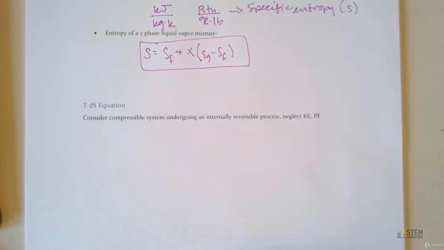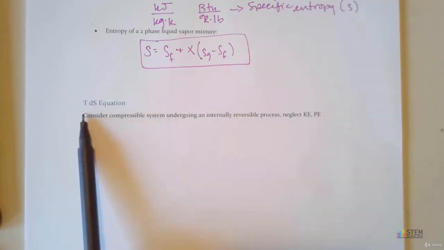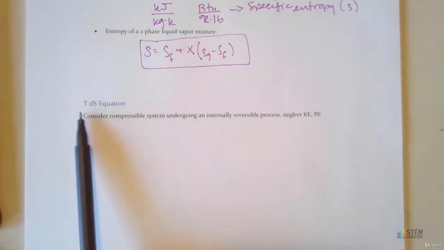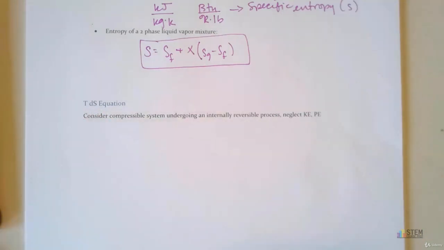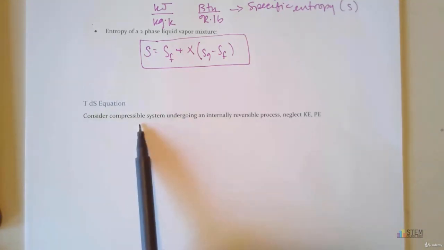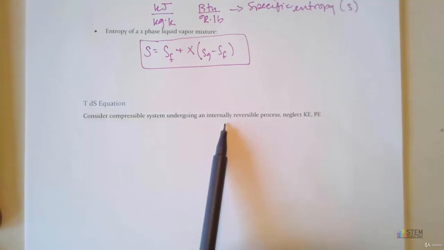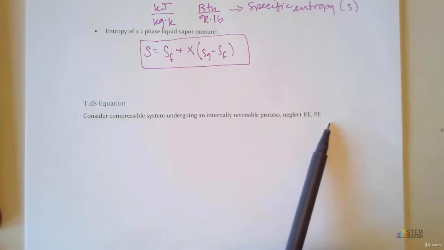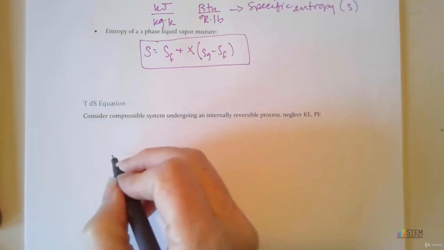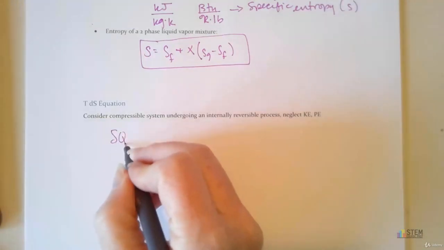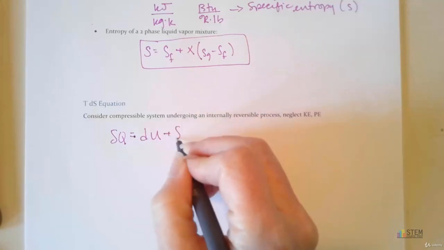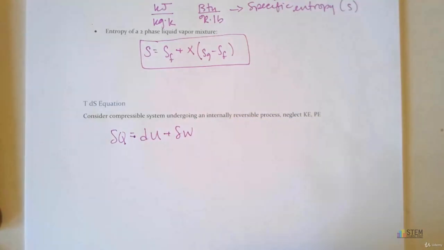Now what we're going to do is develop our Tds equation. So this is temperature and then change in entropy. Now, to do this, we're going to look at a compressible system that's undergoing an internally reversible process. We're going to neglect kinetic and potential energy because we don't need to worry about those. So if we look at delta Q, that's going to equal dU plus delta work.